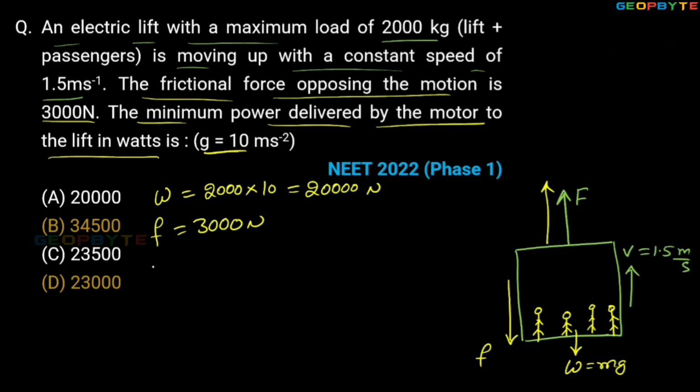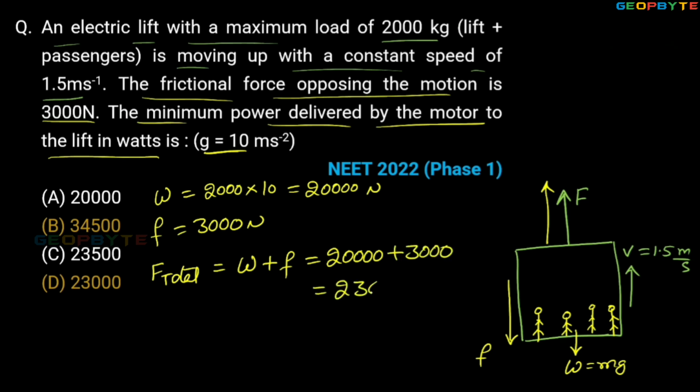First, let us decide the total force. Total force against which the lift is moving equals weight plus frictional force. That is 20,000 plus 3,000, equal to 23,000 newtons. Then what is the power? As you know, power P equals total force multiplied by the velocity.